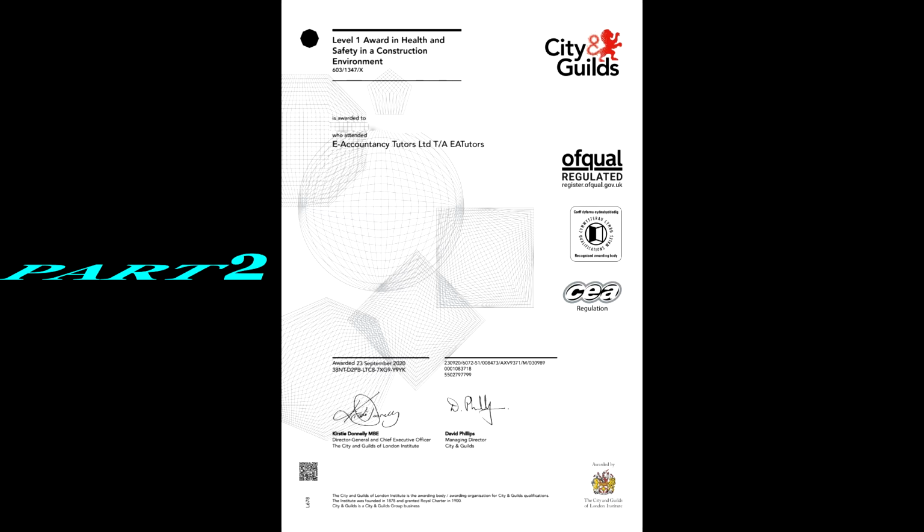Hierarchy of controls is a progressive thought process that is designed to inform how risk is managed during the process of making a decision working at height. What does that mean? The first thing you have to think about is whether working at height can be avoided. So number one is to avoid working at height where possible.